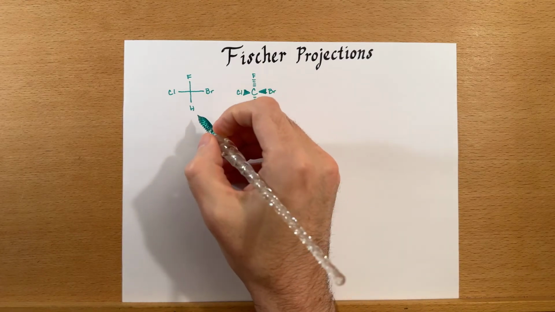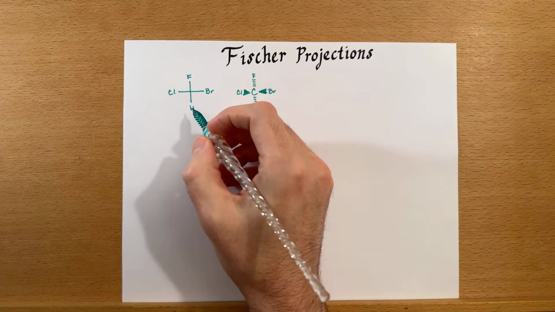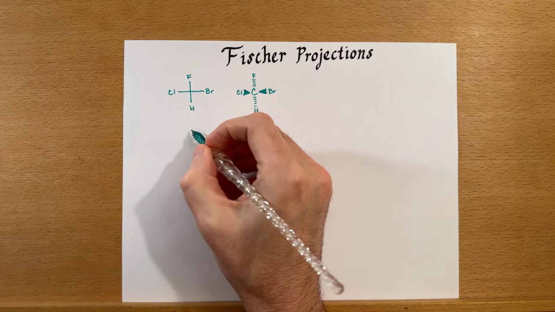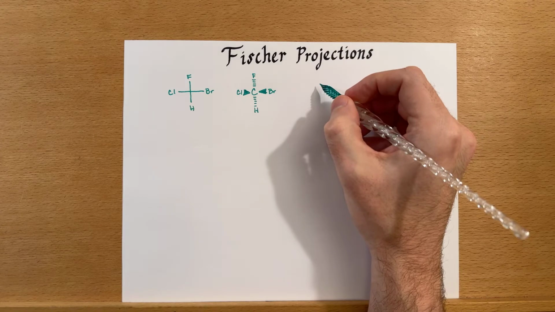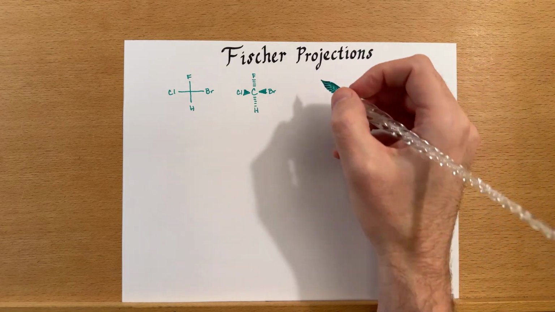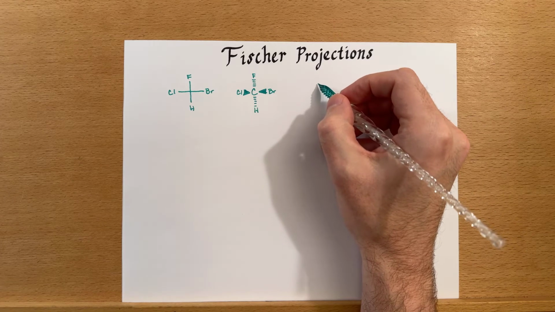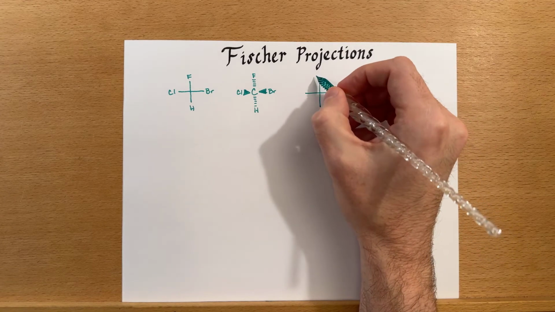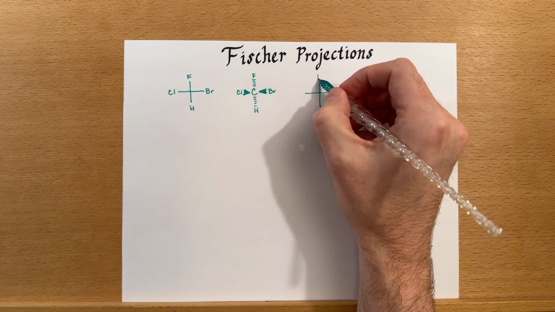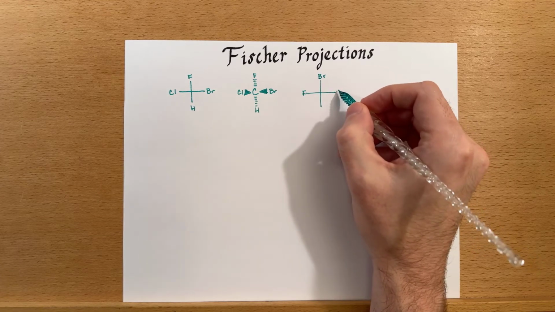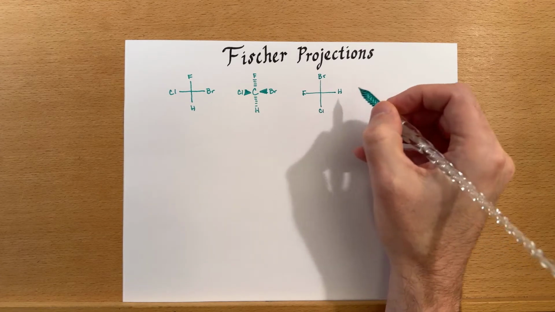Now, if we were to rotate this by 90 degrees, we would actually get a different molecule, the enantiomer in this case. So I'm going to do that. At the top now is going to be the bromine, like so.